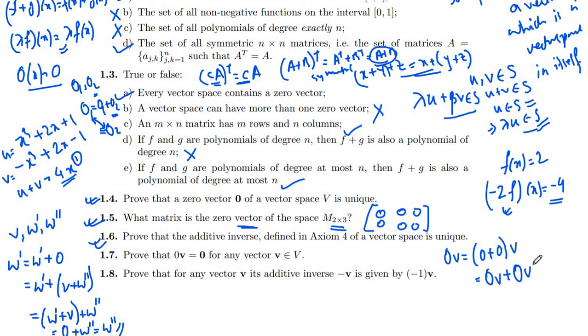Now what we can do is that for this particular 0v, we add the inverse on both sides. Why it's allowed, I did not explain yet, why adding the inverse to both sides is allowed. So basically the proof would be that if z equal to w, then prove that x plus z equal to x plus w.